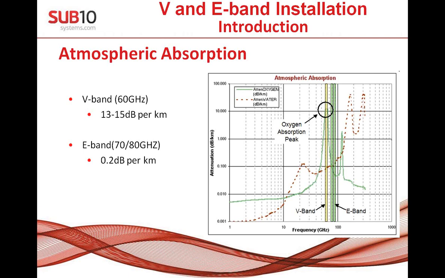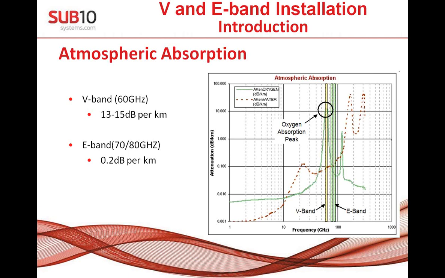The oxygen in the atmosphere is causing attenuation without any rain. With pure attenuation, the V-band has something between 12 to 15 dB per kilometer. If you look at E-band, it's much better, because this attenuation goes down, and we are speaking about 0.2 dB per kilometer.